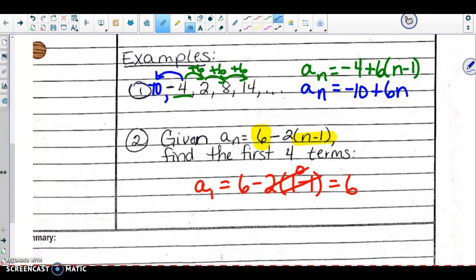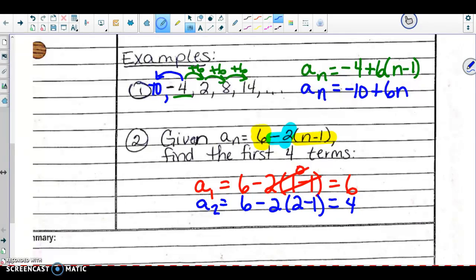Now to find the next one, a sub 2, I'm taking 6 minus 2 times 2 minus 1. Well, 2 minus 1 is 1. 1 times 2 is 2. 6 minus 2 gives me 4, which basically tells me, this rate right here, and since it's a minus 2, we're going down 2 every time, and that is what's happening.